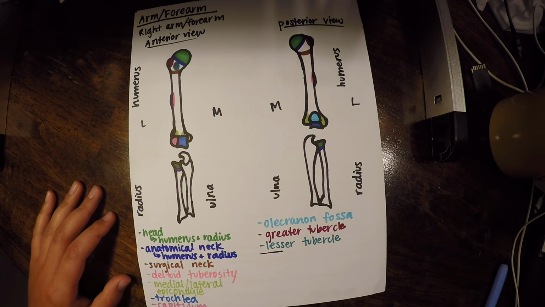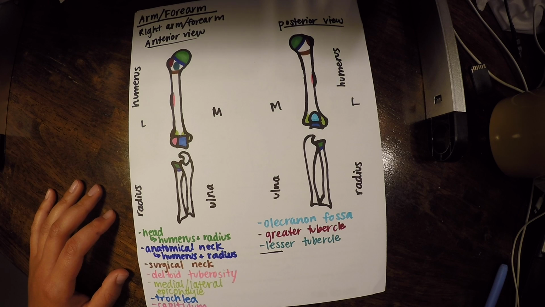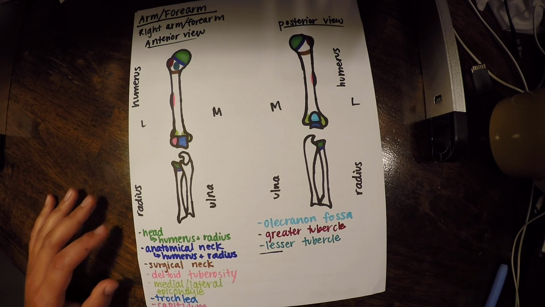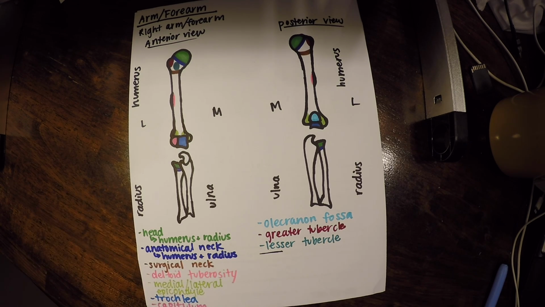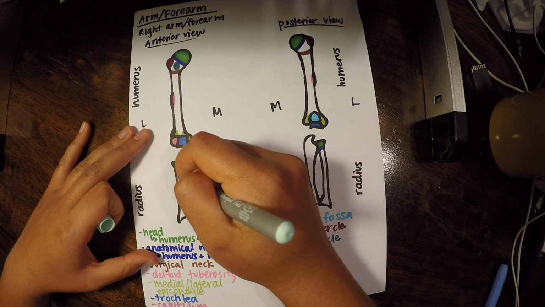Now let's label something called our radial tuberosity. And that is going to be right here.